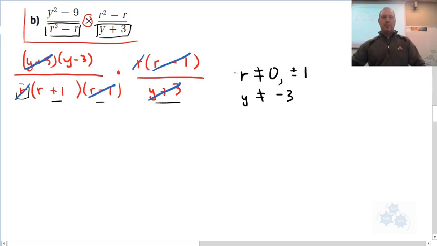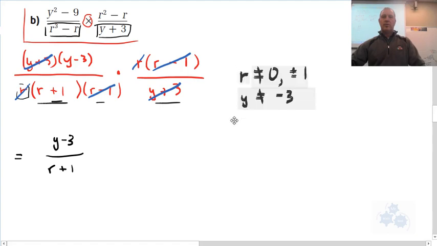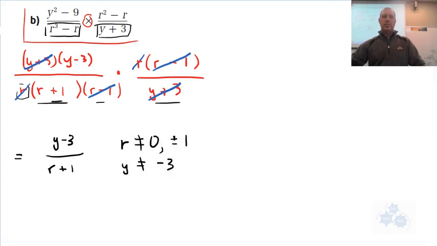Okay. Anything else that can be simplified there? No, I think we might be good. So we have a y minus 3 on top, and I'm still left down here with an r plus 1. And of course, with these restrictions as part of your final answer there. Okay?